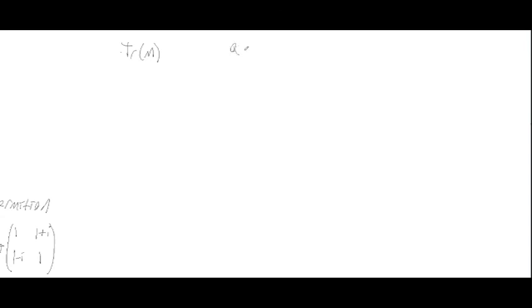So if we have A, B, C, D, then the trace of this will just be A plus D. And if we have A through I, then the trace will just be A plus E plus I. So it's just adding up the diagonal here.